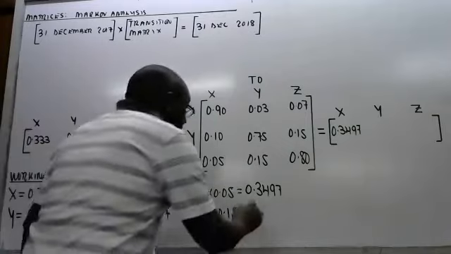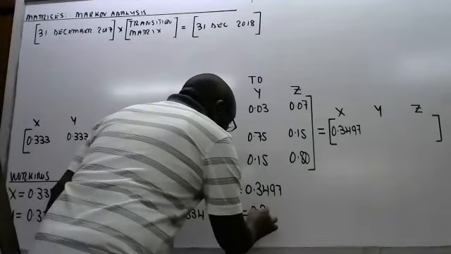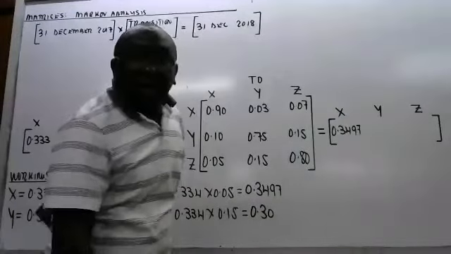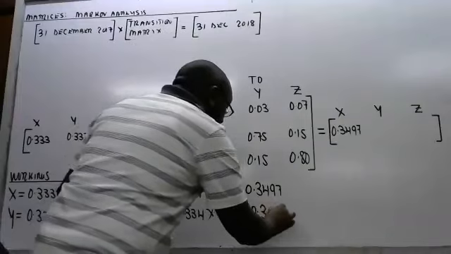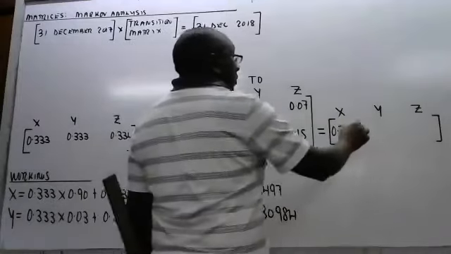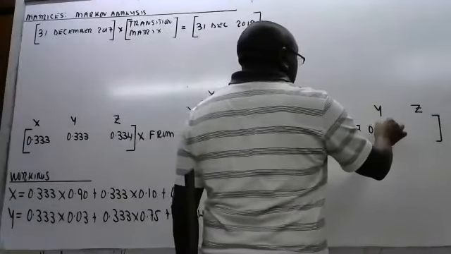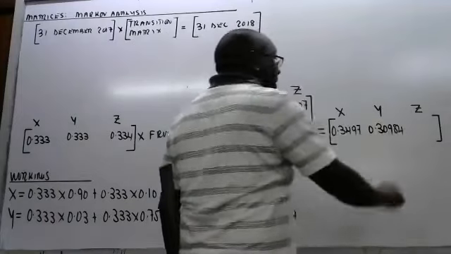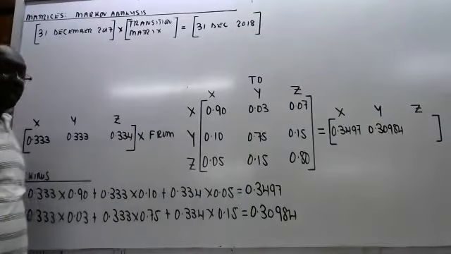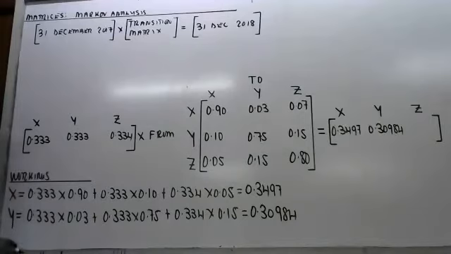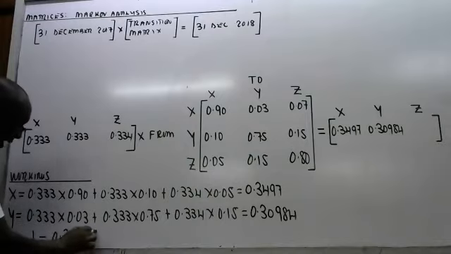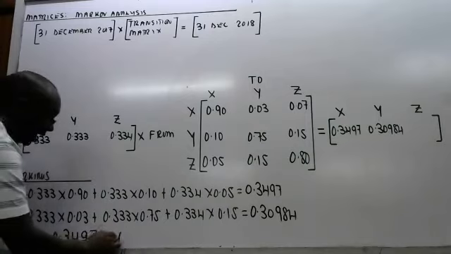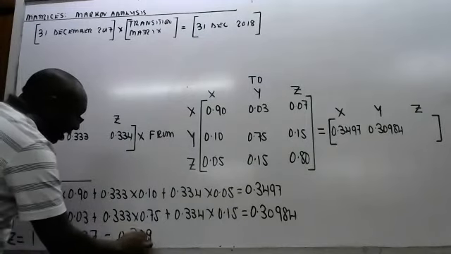Yes, Nyongo, 0.30984. Now for the other ones, because of the errors that could have been there, instead of multiplying, you can simply get it like 0.3497 minus 0.30984.